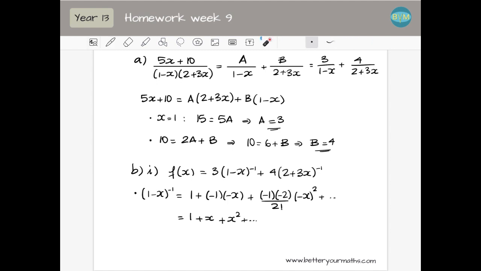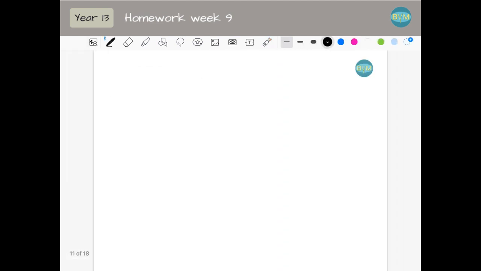Then I'm going to expand this one, (2 plus 3x) to the power of minus 1. Remember, this has to start with 1, so the first thing you have to do when that happens is factorize by 2. So I have 2 to the power of minus 1, and then (1 plus 3/2 x), just dividing everything by 2 and getting the 2 outside.